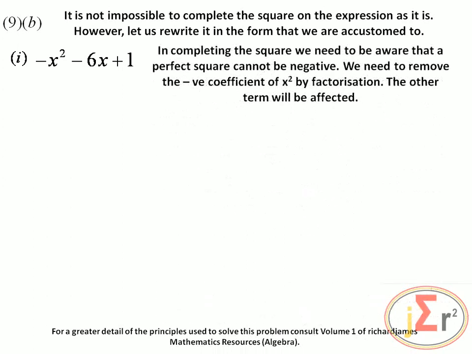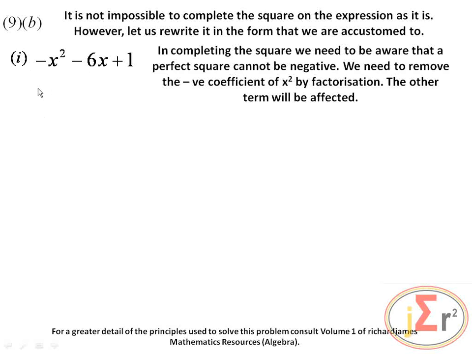In completing the square, we need to be aware that a perfect square cannot be negative. We need to remove the negative coefficient of x squared by factorization. The other term, the middle term here, will be affected.